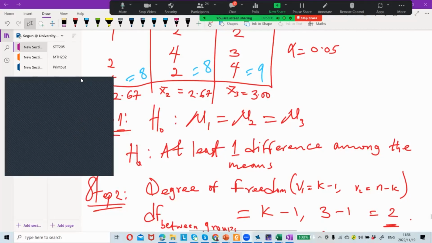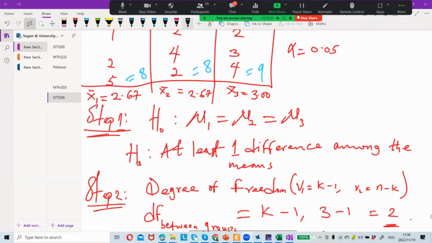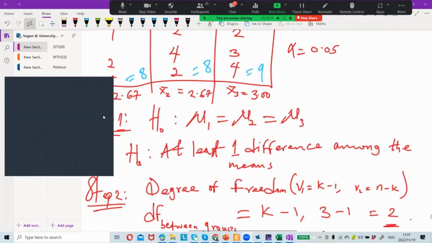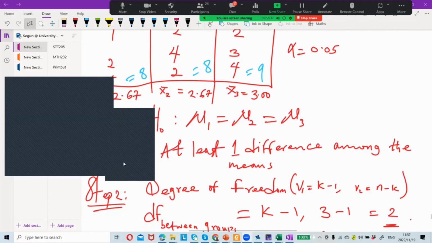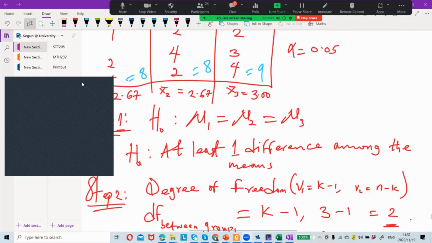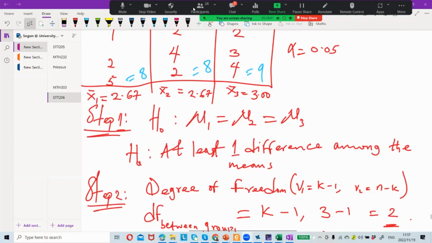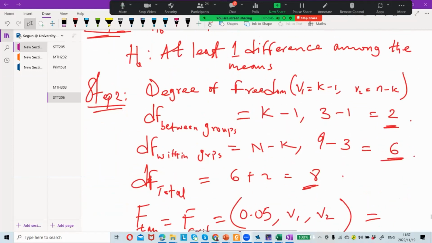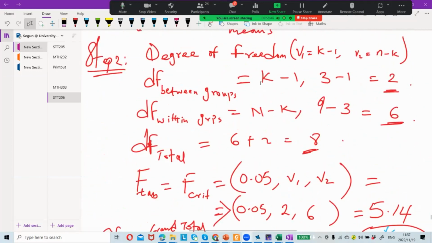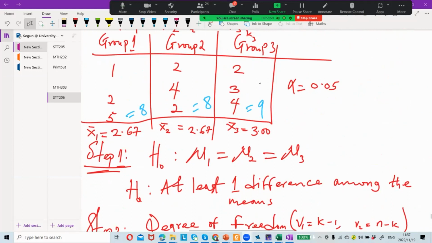So we have the average. We already have the average of it. The averages that we have are 8, then 2.6, 2.67, and 3.